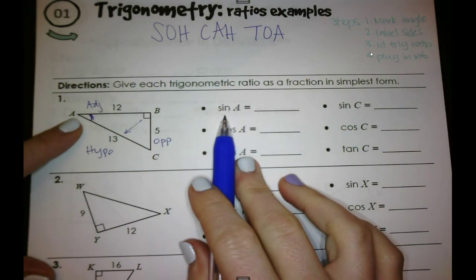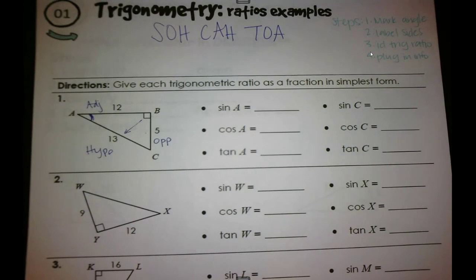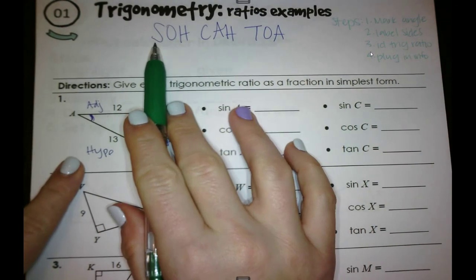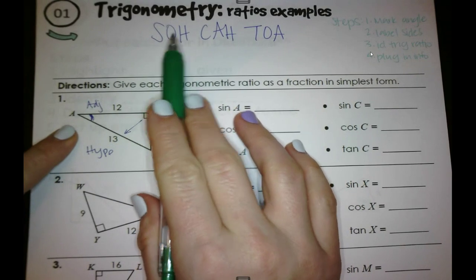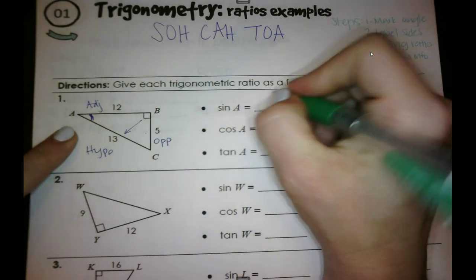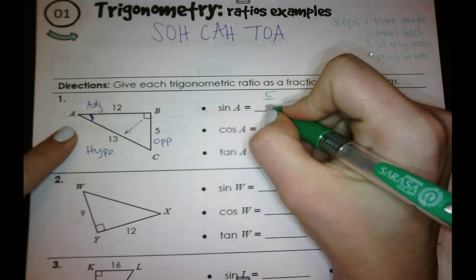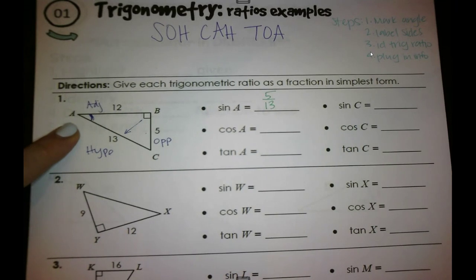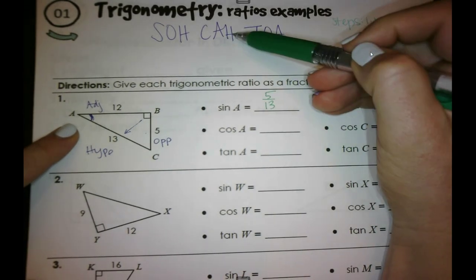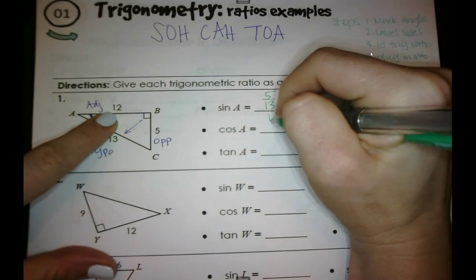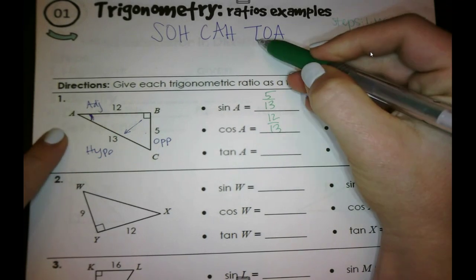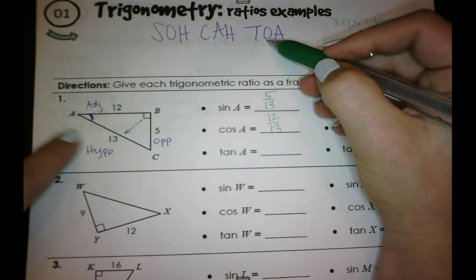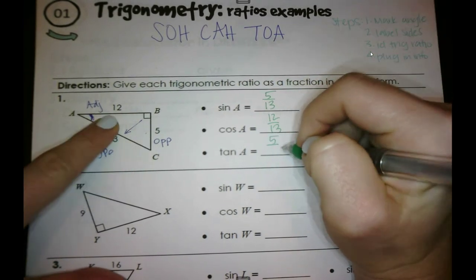All right, sine is opposite over hypotenuse. So we've labeled this as opposite over hypotenuse. Cosine is adjacent over hypotenuse. Tangent is opposite over adjacent.